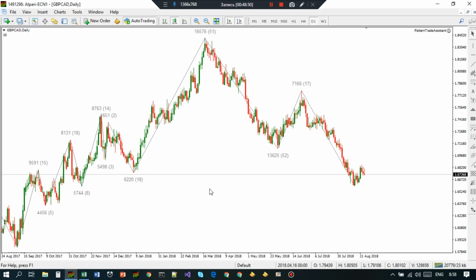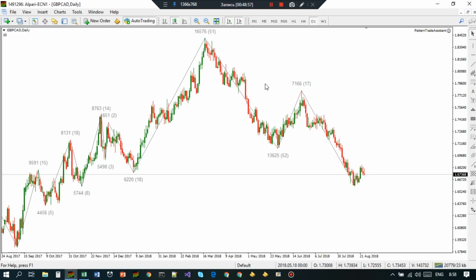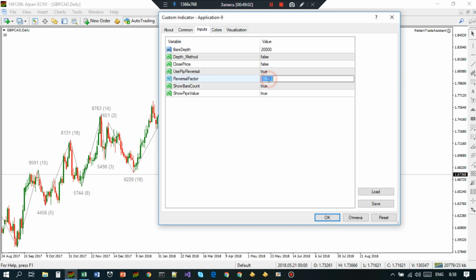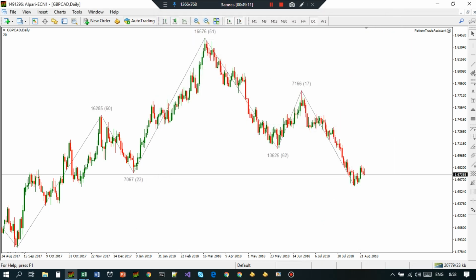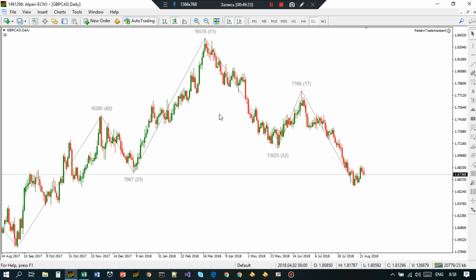Okay, now let's continue. So what is our second size? Is 582.9. So we go here, 582.9, and this will be our thing, and it says 20. Oh, 20. So we just doubled. It is 2 times greater, 20, if you use this algorithm.